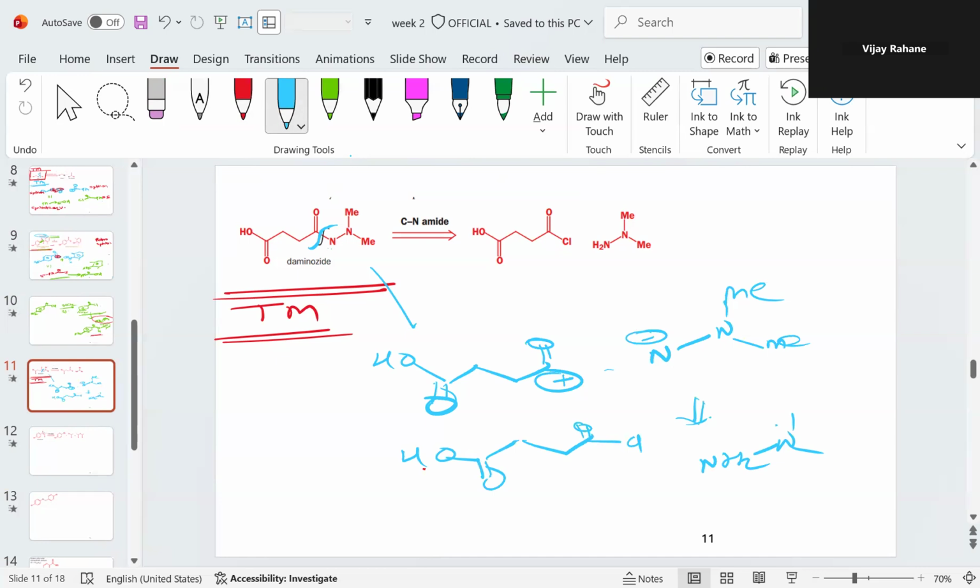So this is the retrosynthesis of this target molecule diaminozide.